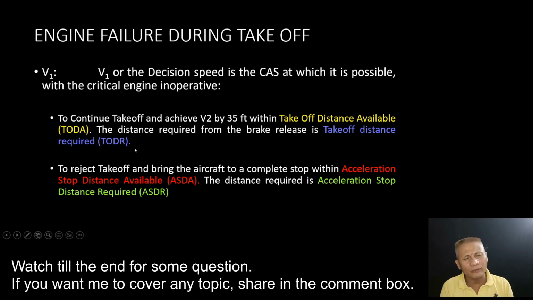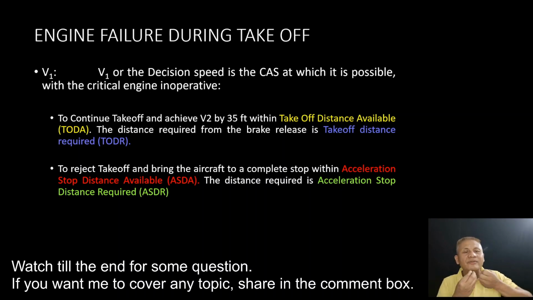Now coming back to the V1 once again, as we have all seen, V1 is the maximum speed at which the captain of the aircraft, if he rejects the takeoff, should be able to stop the aircraft before the takeoff distance available. And if he continues the takeoff, he should be able to reach V2 by 35 feet at the end of the takeoff distance available.